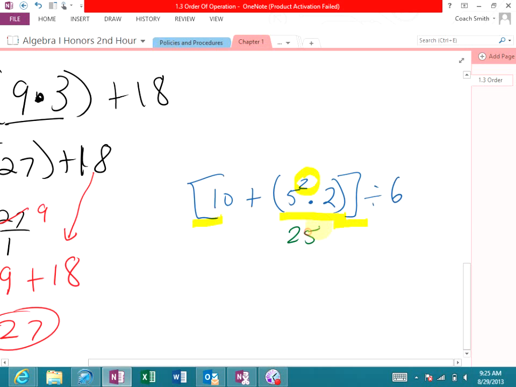So we're going to have 25 right here. Now, once again, this is where a lot of you will mess up because you won't rewrite the problem. You'll try to just do it all in your head, okay? Not necessarily a bad thing, but you can make careless mistakes that way. So as I rewrite this problem, that gives me bracket 10 plus parentheses 25 times 2, close parentheses, divided by 6.